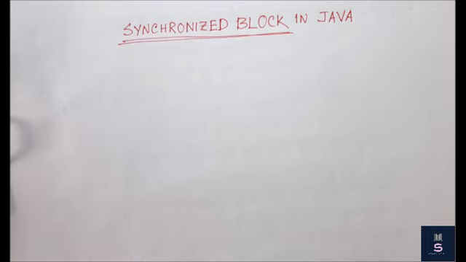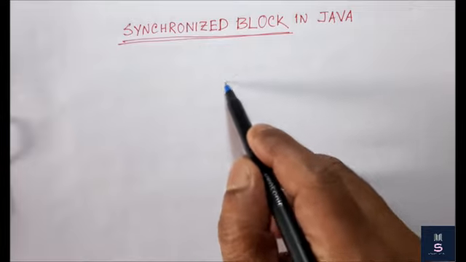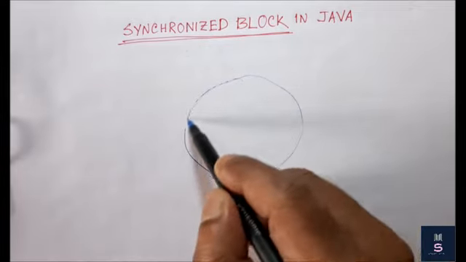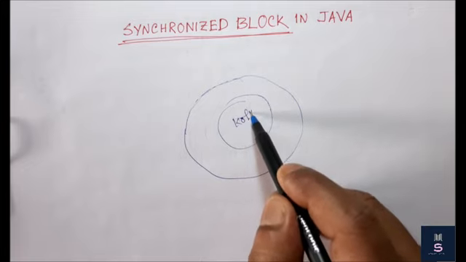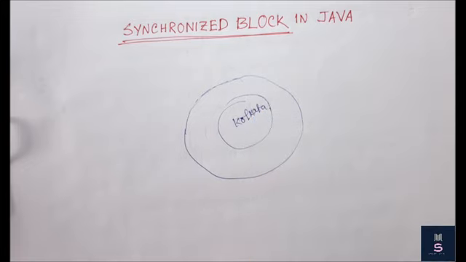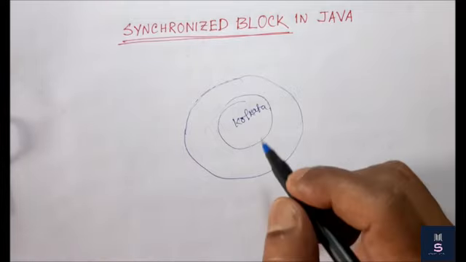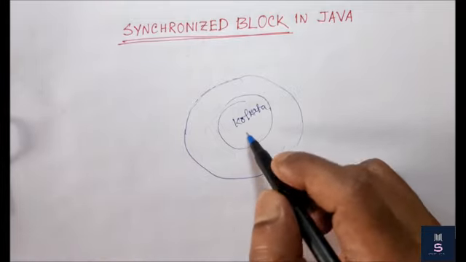Before that, let me take a small analogy so that people are able to understand easily. Suppose, assume there are two bomb blasts in Calcutta, Park Street area.